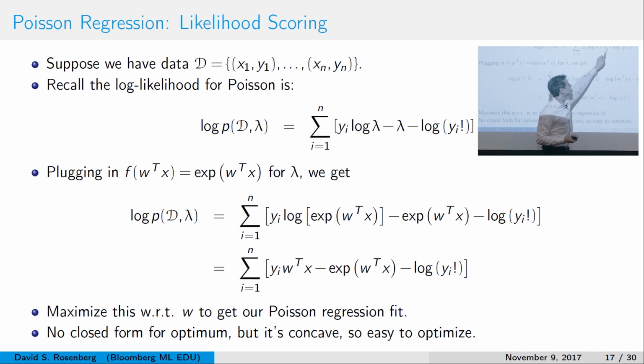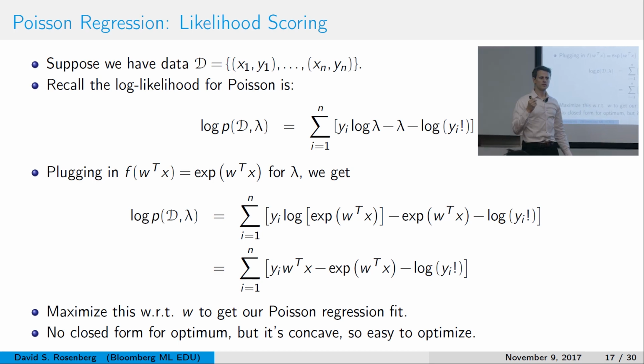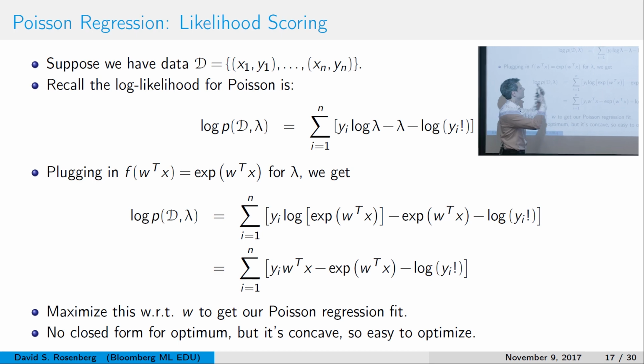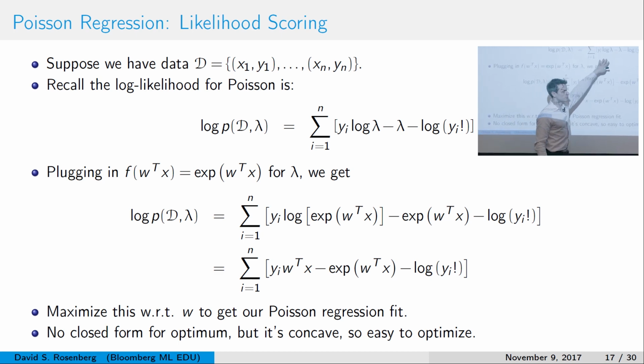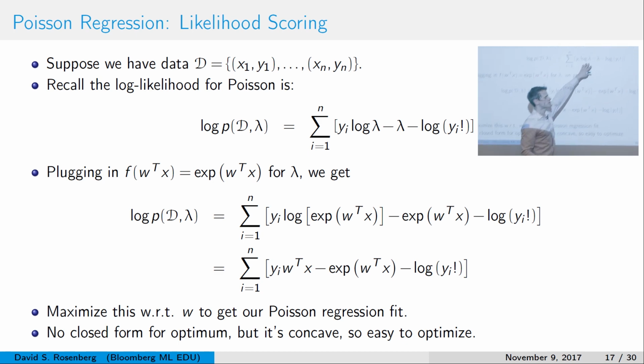So everywhere we see a parameter lambda, we swap that out with f of w transpose x. That is our prediction for the parameter lambda. So we take the form of our distribution on our output space y, and we replace each parameter value with our prediction for it, which for Poisson will be e to the w transpose x.